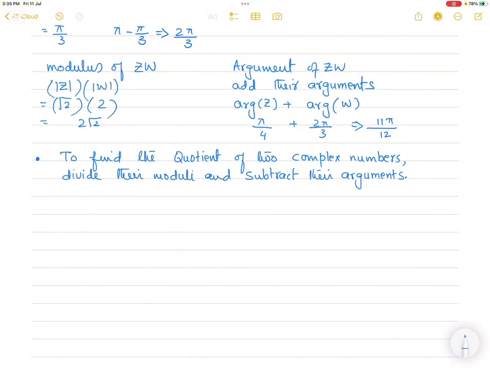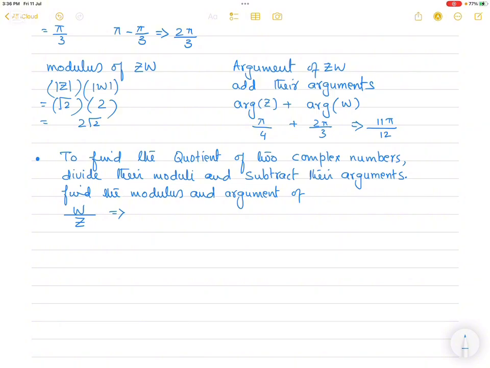So find the modulus and argument. Let me write it for you. Find the modulus and argument of W over Z.